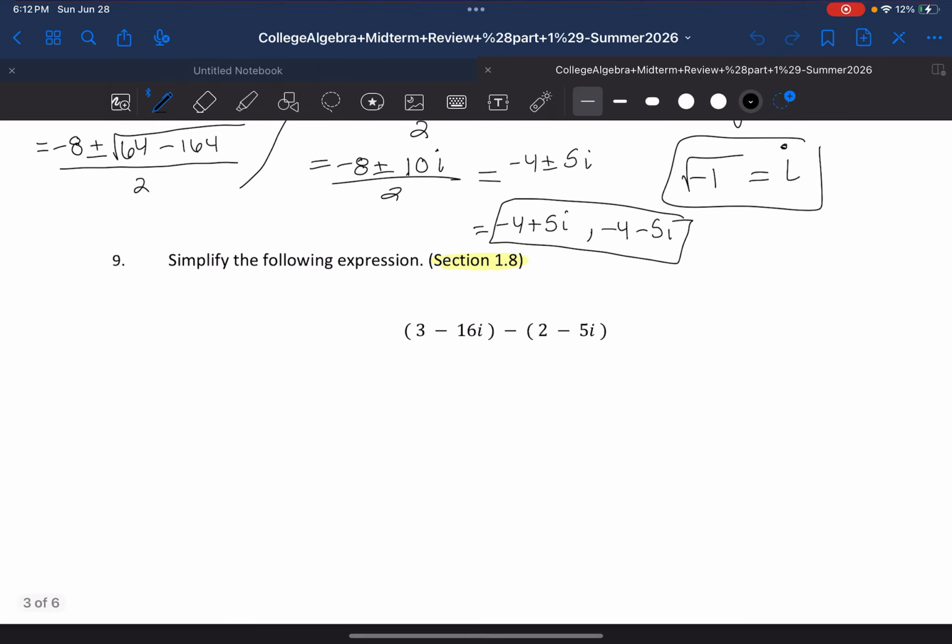But number 9, we were getting into complex numbers, which is in section 1.8. So there will be a few problems on your midterm with arithmetic of complex numbers, or imaginary numbers.